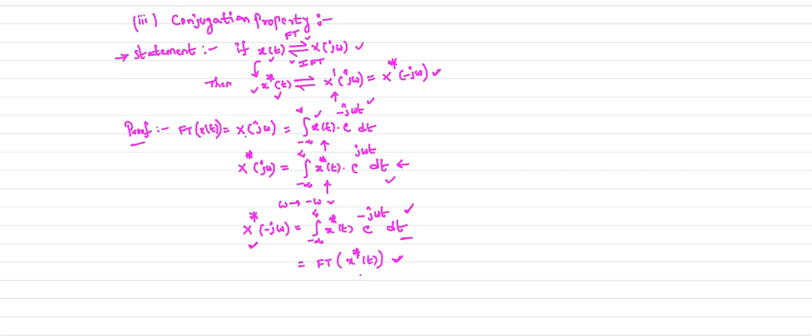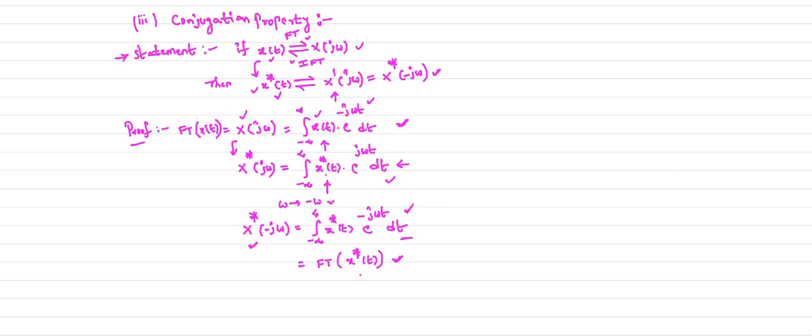For that, I just consider the equation for the Fourier transform of a continuous time signal. This is the equation. I want to find the Fourier transform of x conjugate of t. For that, I just take conjugate on both sides of this equation, so that I will get this equation. Now if you observe this equation, I want to write this equation in terms of the standard form.